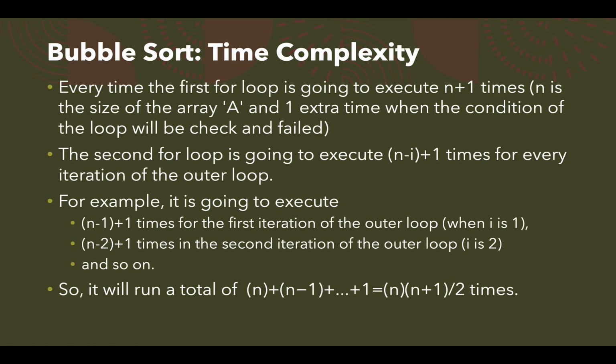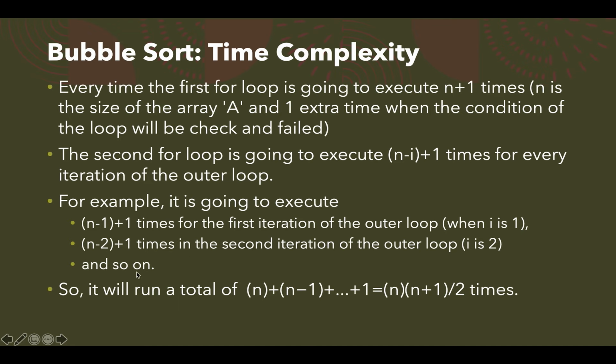So for the time complexity, we can see that every time the first for loop is going to execute n plus 1 times, right? That is, n will be the size of the array, and one extra time when the condition is going to be false. Then the second loop runs for n minus i plus 1 times: n minus i times it will be true, and plus 1 time for exiting out of the for loop.